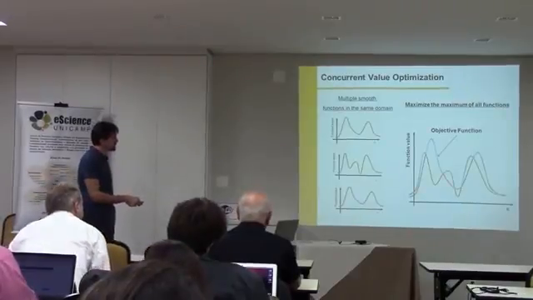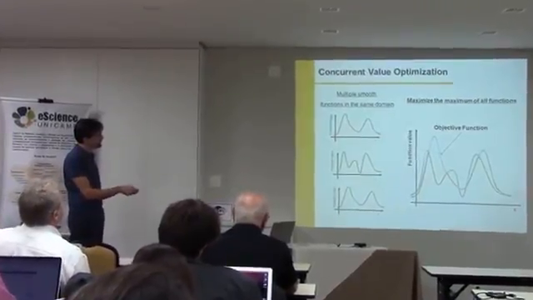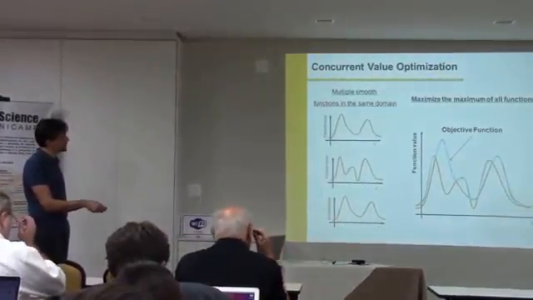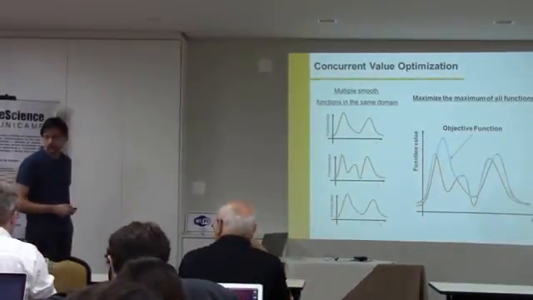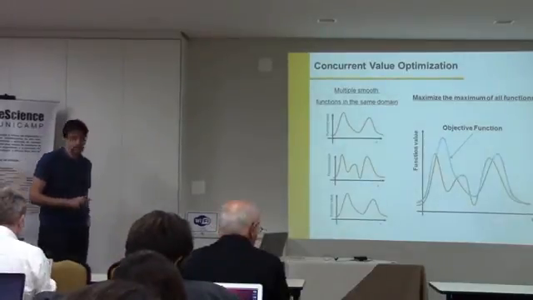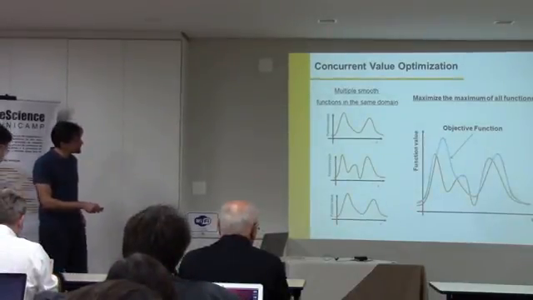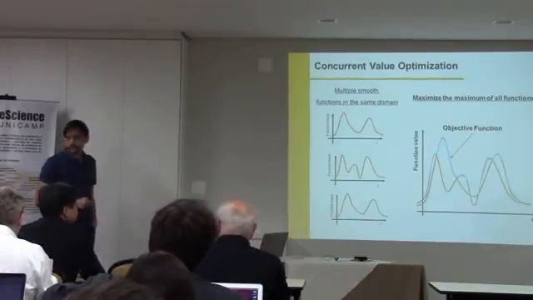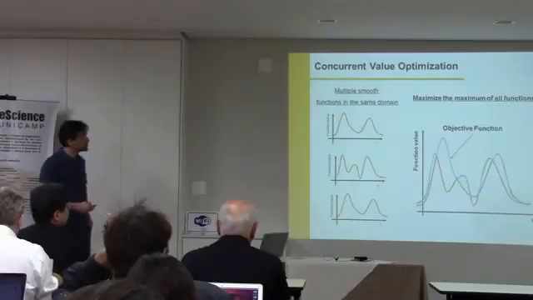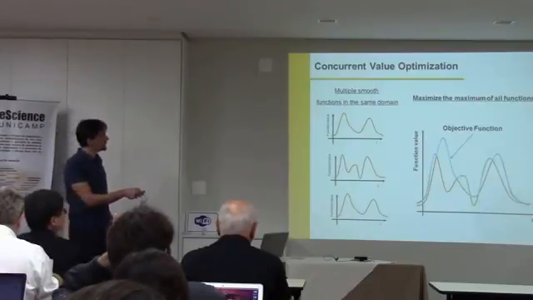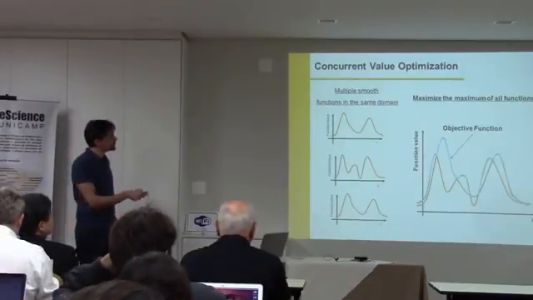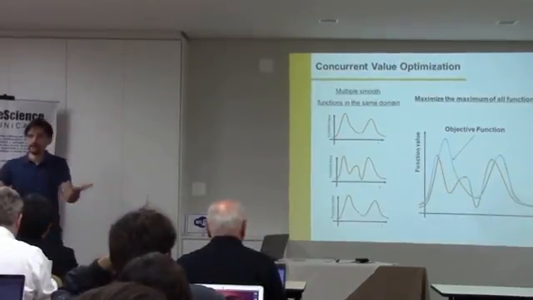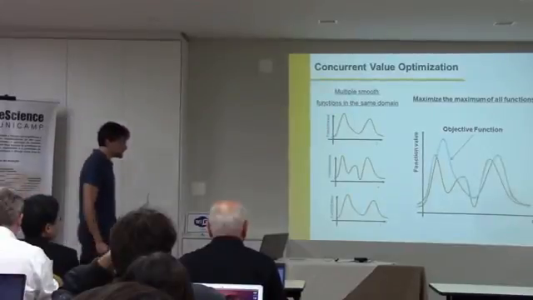For example, here we have three functions overlapped in the same domain. The objective function we are trying to maximize in this case assumes the maximum value of all these functions that are concurring in the same domain. So the goal of the concurrent value optimization problem is to maximize the maximum value of a set of functions that are defined in the same space.